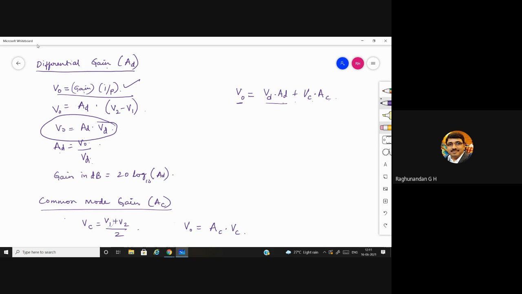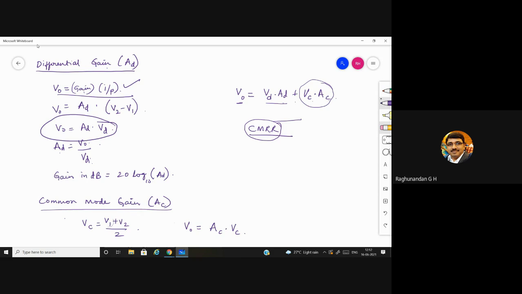Based on this, we are going to discuss CMRR, the common mode rejection ratio. This parameter tells how effectively this unwanted extra signal is removed or ignored. Ideally, we say that an op amp has infinite CMRR, which means it will not have any common mode voltage. But practically speaking, it will have some common mode voltage.